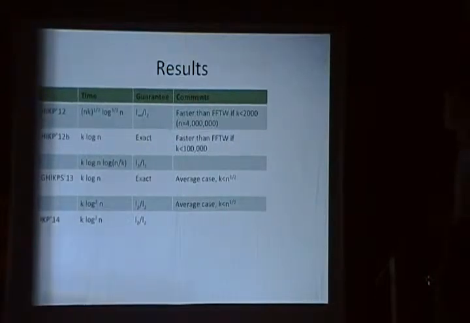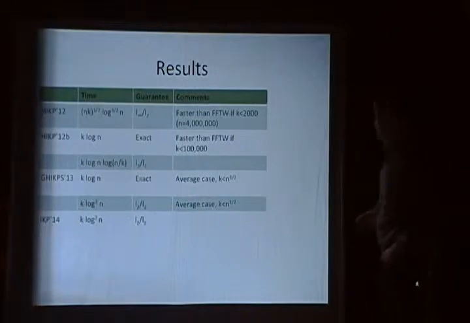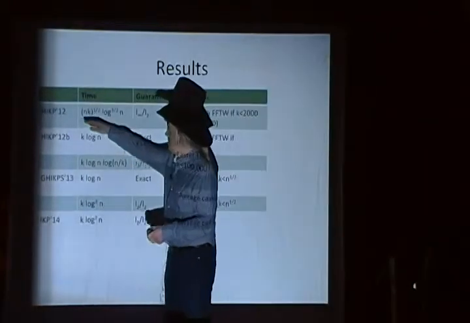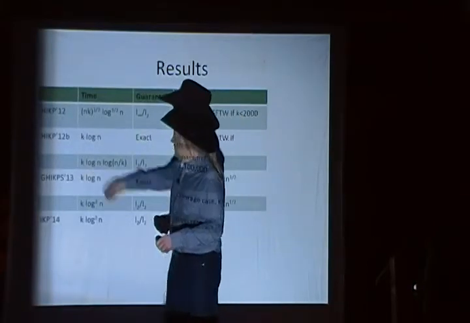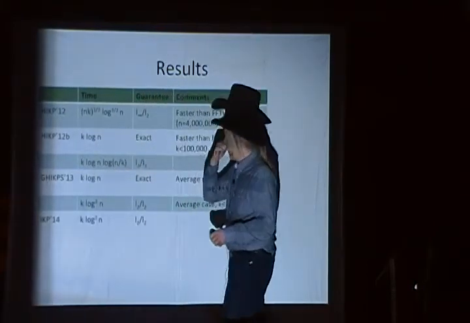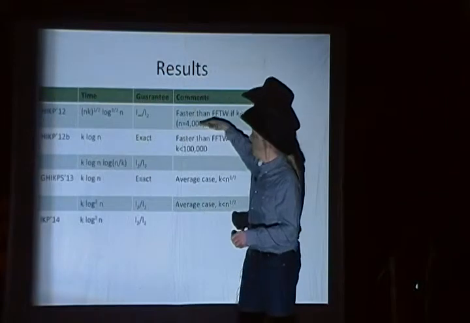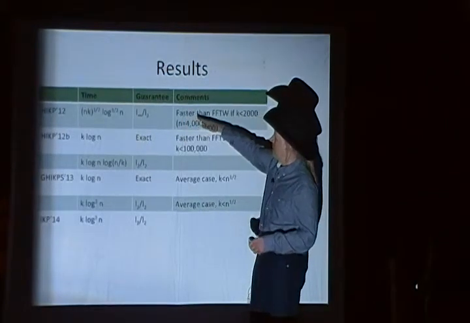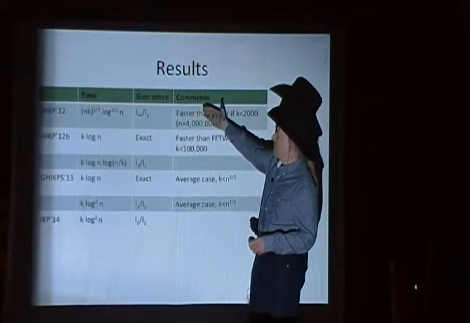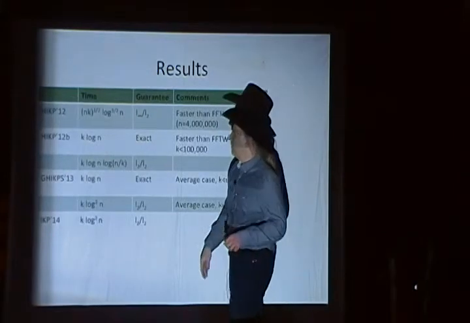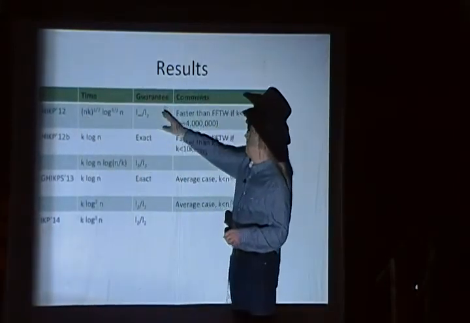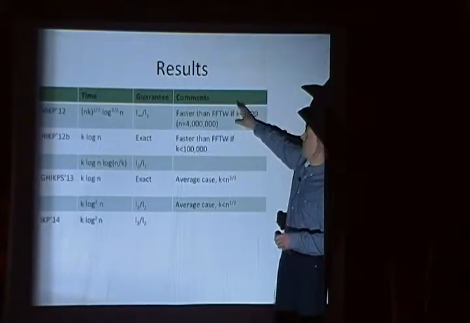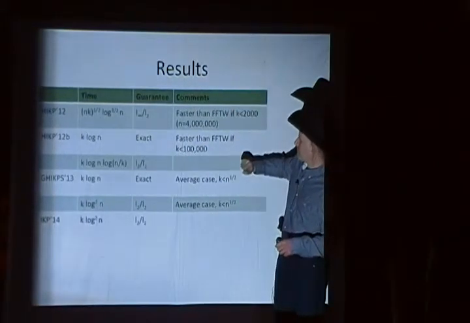What you see in this table is algorithms, each algorithm is a row, with the list of authors. Each column corresponds to a bound or guarantee of the algorithm. For example, this algorithm has this running time, this guarantee, and some other properties specified here.